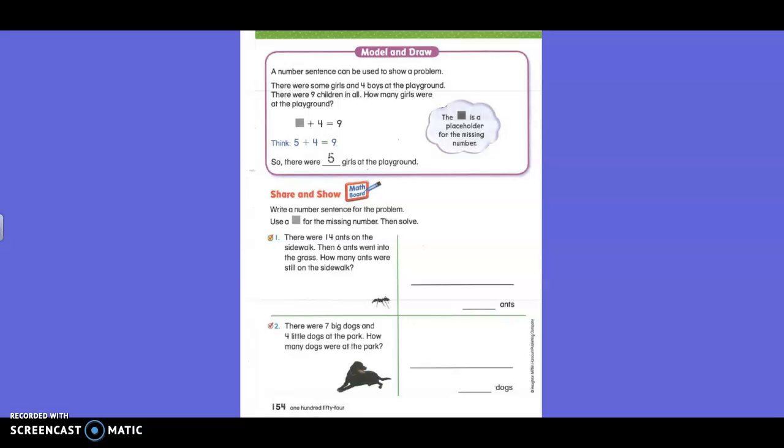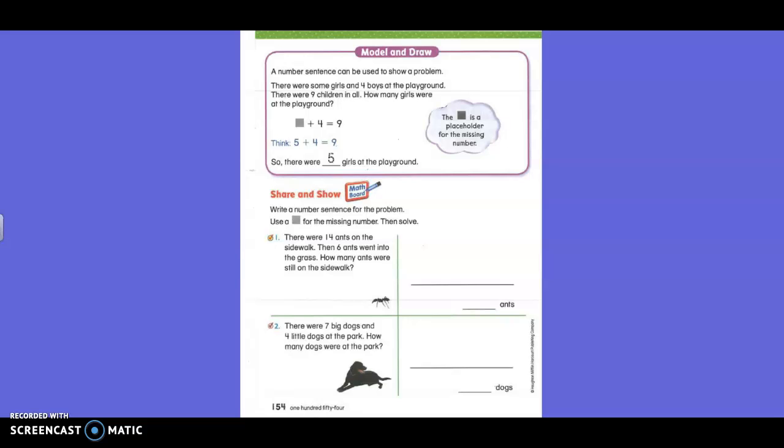All right. Let's read the problem up here. A number sentence can be used to show a problem. There were some girls and 4 boys at the playground. There were 9 children in all.